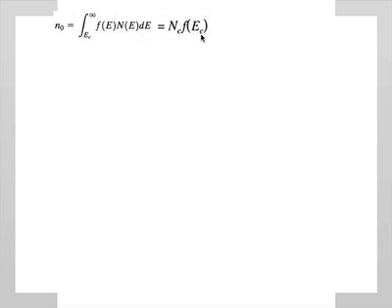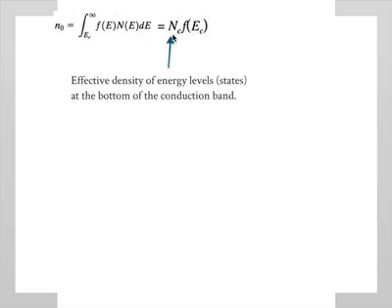So this is the probability that the bottom of the conduction band is occupied, and NC is just some constant, which turns out to be an effective density of states, or effective density of energy levels at the bottom of the conduction band. This is a way to simplify the integral into something much simpler, by defining what's called an effective density of states at the conduction band.